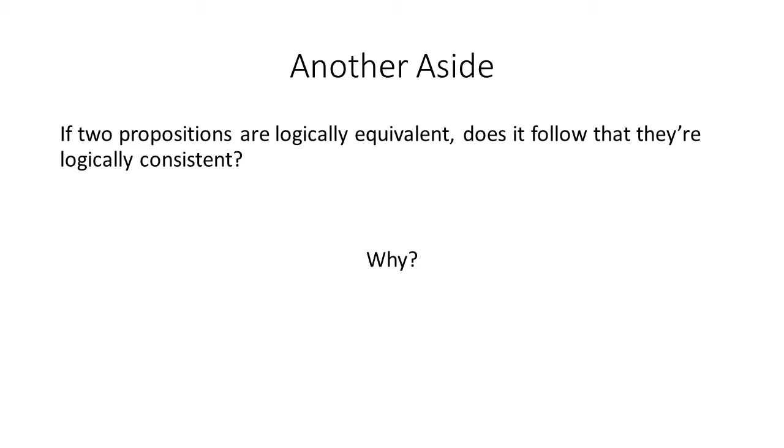Actually, consider two self-contradictory statements, ones that are false in every circumstance. Then they're not logically consistent, because there's no circumstance in which they're both true. In fact, there's no circumstance in which they're true at all individually. So here are propositions that are logically equivalent, any two self-contradictories, but they're not logically consistent.